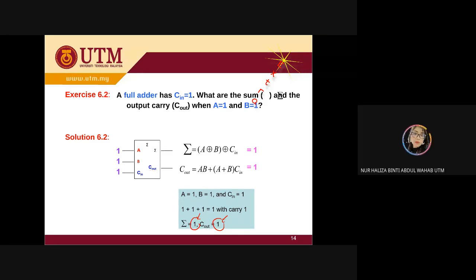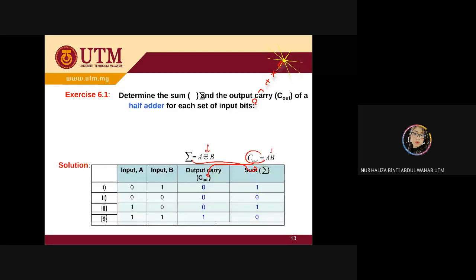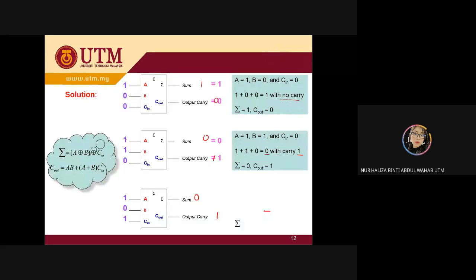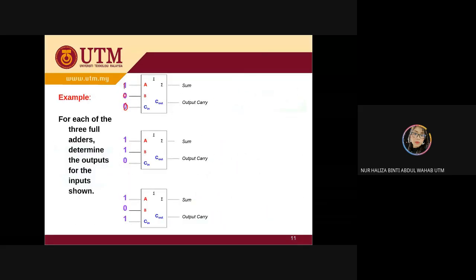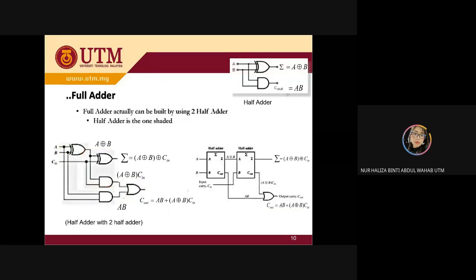You can go directly one by one like this, which is the full adder. You want to go inside here, right? 1 plus 1, and then this one will be your exclusive OR. If 1 plus 1, what happens for exclusive OR? You want to go one by one, also can.